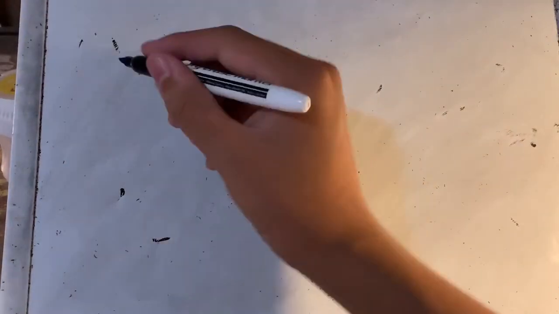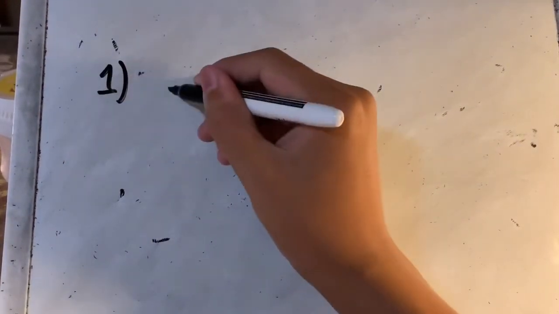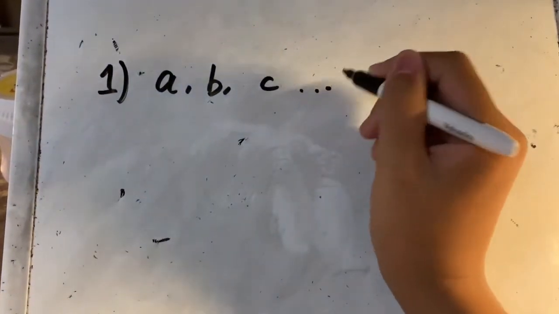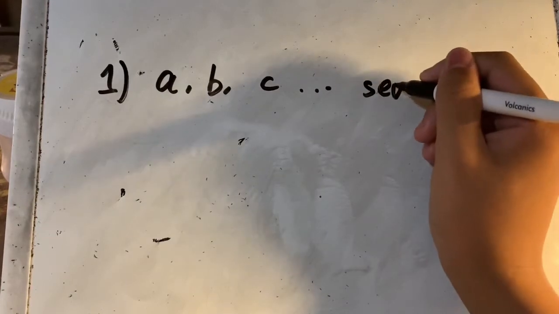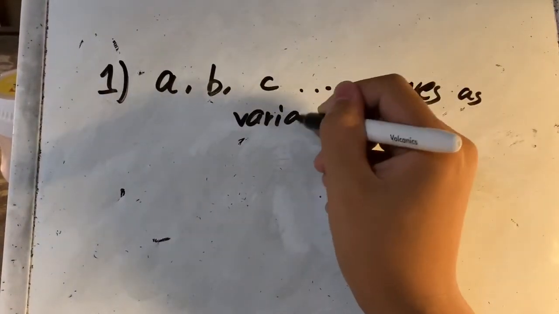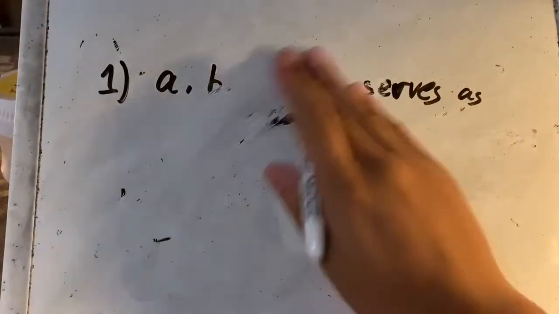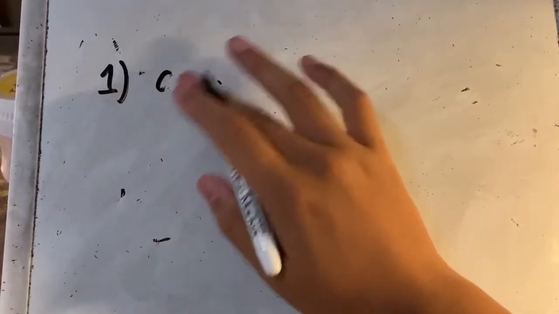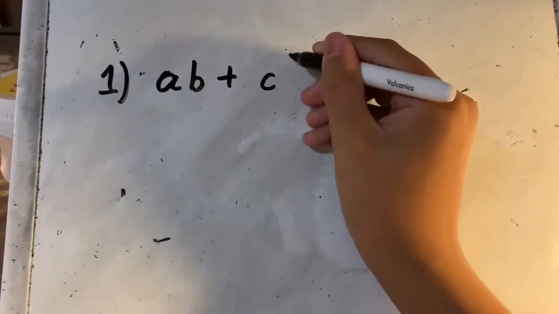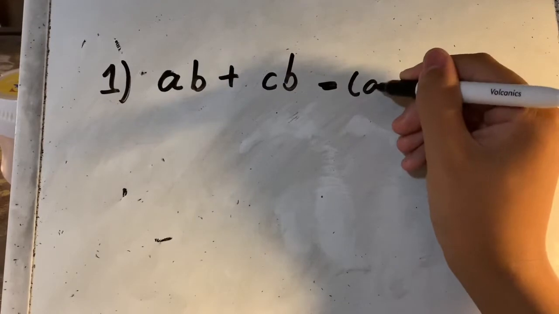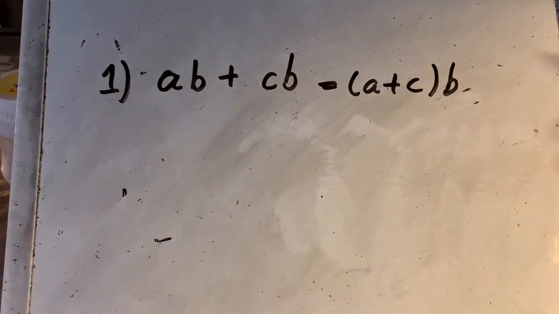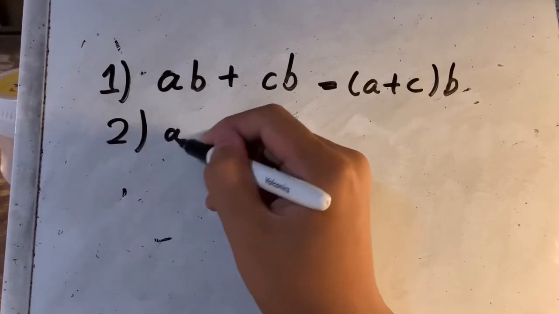So first, A, B, C serve as variables. First, basic knowledge. And similarly, minus also works.